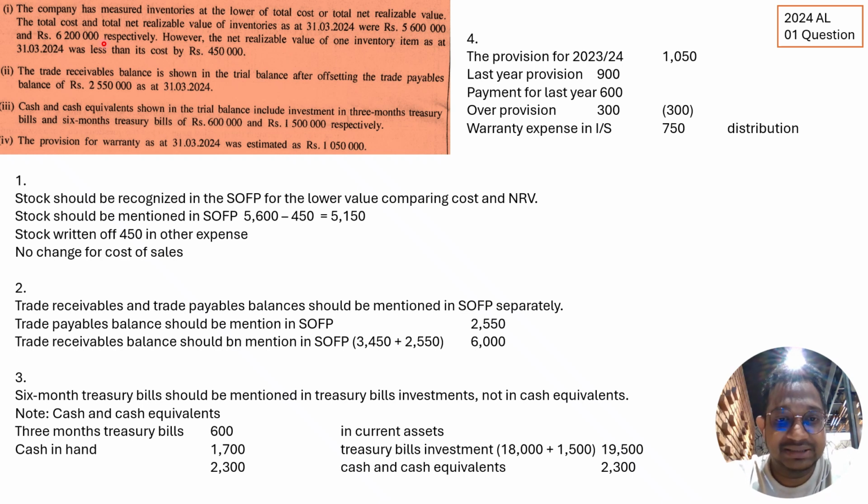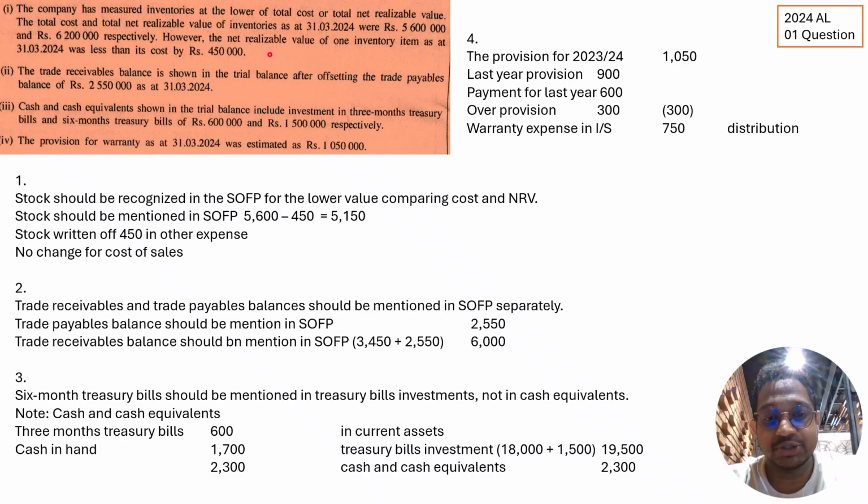But after that, they later find out the net realizable value of one inventory item as at closing date is lesser, 450. If the NRV of one item is lesser than its cost value, you should add it to your accounts.